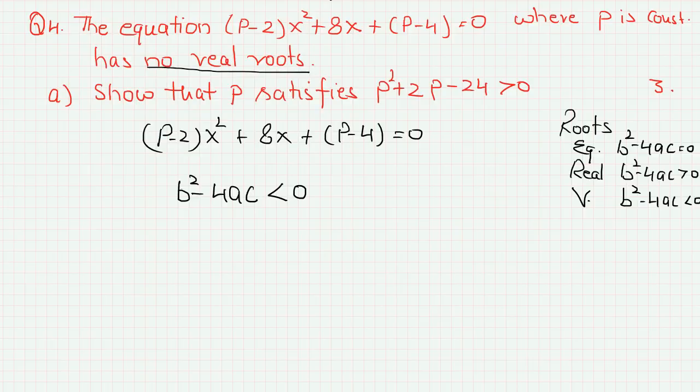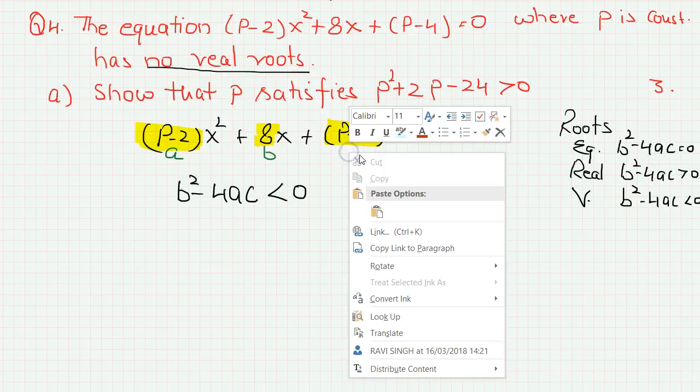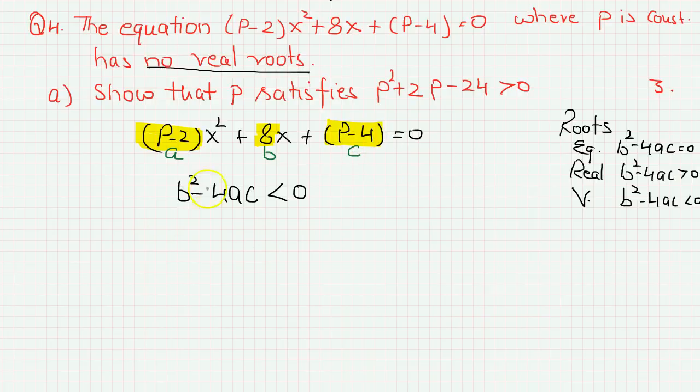That is the condition for no real roots. Now in this question, the coefficient of x squared is this, the coefficient of x is 8 and the constant is this. If you have seen my previous video, you know very well that the coefficient of x squared is a, the coefficient of x is b, and the constant is c.